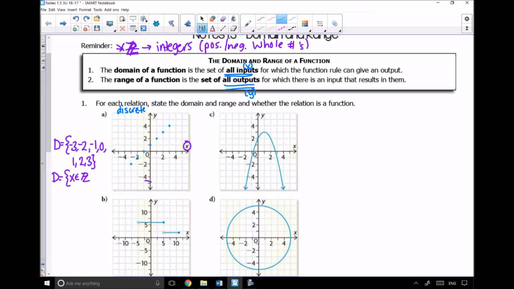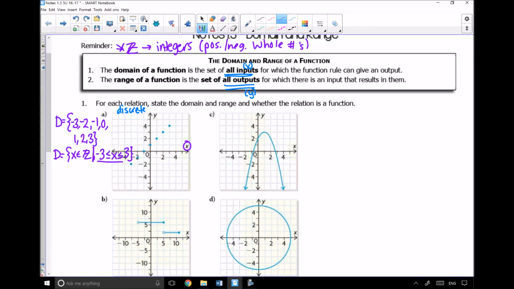So right here, my domain would be all the integers between -3 and +3. What does this mean? This is saying that my domain consists of integers, and this is saying that it's going to be between -3 and +3. So that's what this inequality right here means, okay? That's another way that I can write my domain.